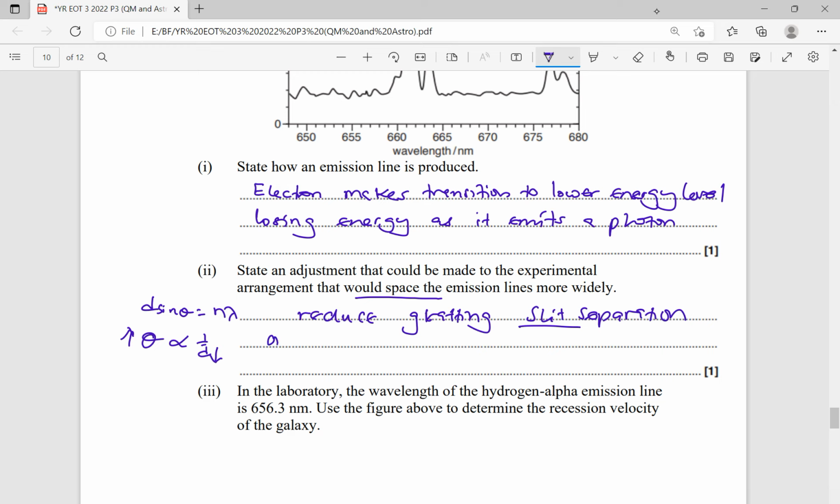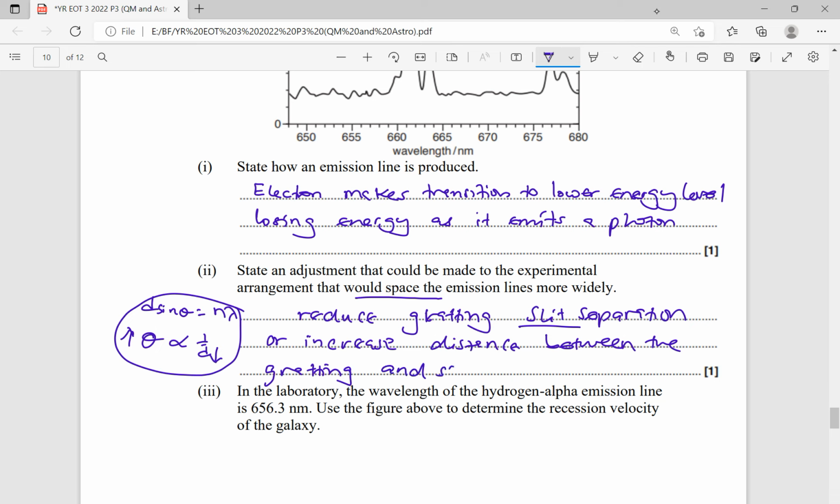So alternatively, we could increase the distance between the grating and the screen.